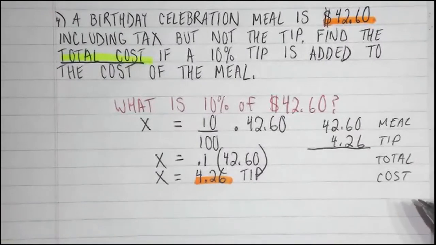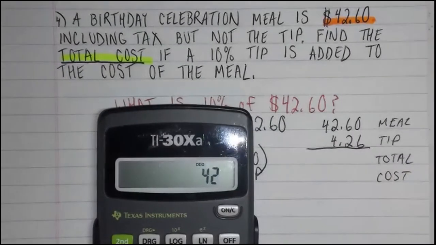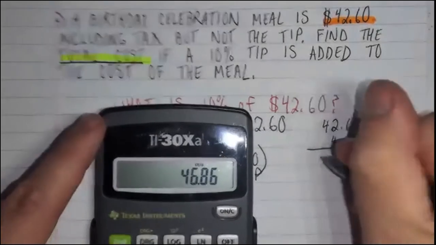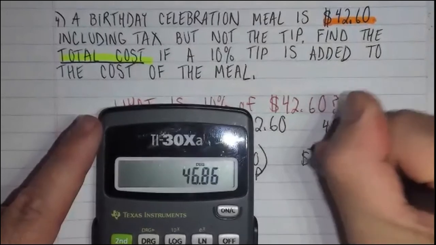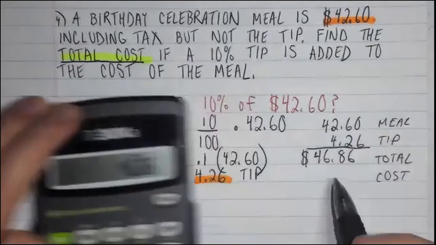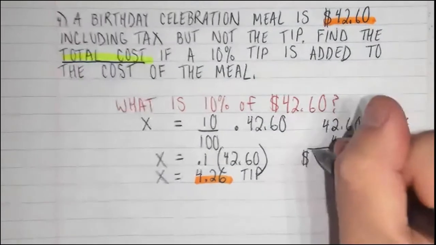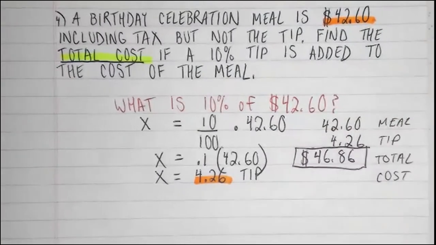I already have 4.26 on my calculator. I add the 42.60 to it, and I get 46.86. And when you enter that answer, you don't need a dollar sign, so you would just enter 46.86. That is the answer to that problem.